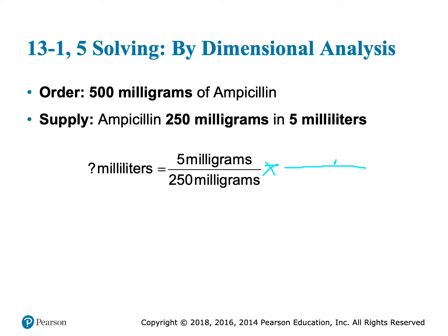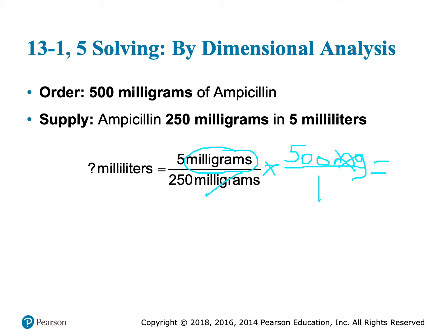So we're going to set 500 milligrams over 1, and then that would mean we could cancel out these units and these units. It still leaves us with milligrams, which is what we're looking for.